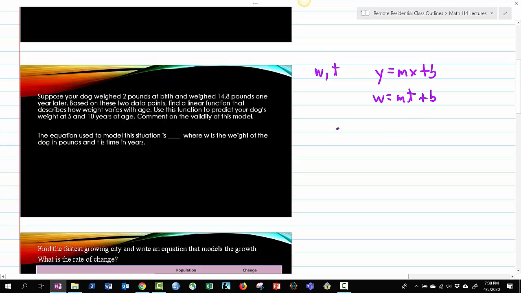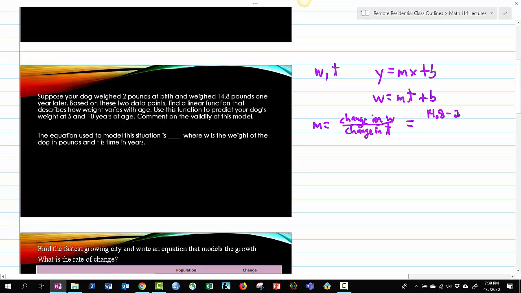All right. So m is the change, this time in W instead of Y, change in W divided by the change in T. So W at the high end is 14.8.